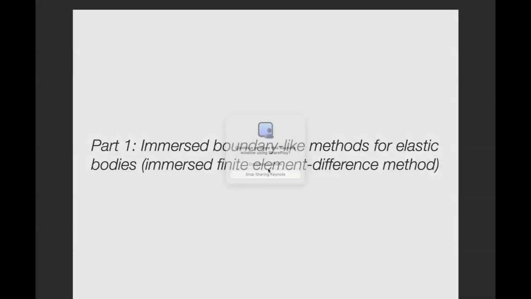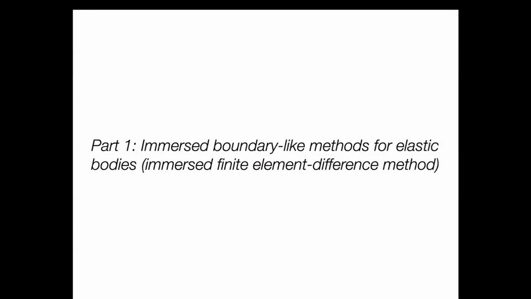elastic structures. So in IBAMR, these methods have a name that I picked that I don't like, called immersed boundary finite element, which doesn't really make a lot of sense because they're volumetric things. This is the IBFE module in IBAMR, but we've been trying to use a name that I think is more descriptive: the immersed finite element difference method.